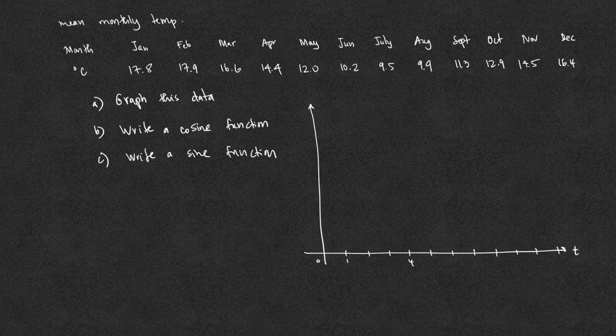Now we can make t equals 1 January, but alternatively we can make t equals 0 be January.